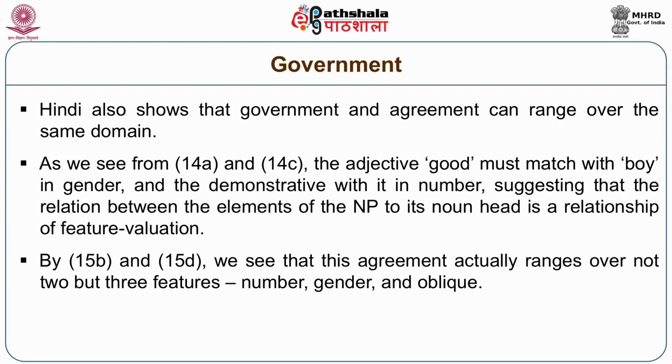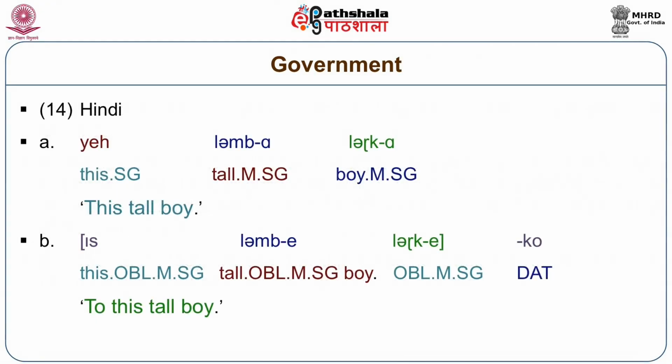So accordingly we could say that ko is a case governor that selects for the contextual features of what we will call oblique case. This example also shows us that government in agreement can range over the case domain. In the nominative form, ye lamba ladka, the adjective agrees in number and gender with the noun.